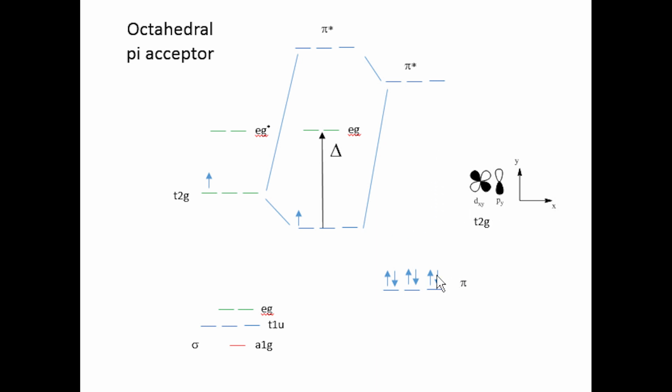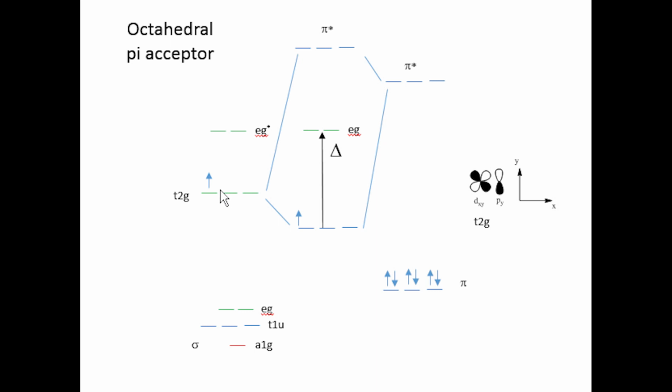Again, these pi acceptors typically have multiple bonds, so they're going to have pi electrons, but they're going to be really low in energy, and they won't be able to interact with the T2G orbitals that we want. Instead, and this diagram maybe doesn't reflect it beautifully, they will interact with the pi star. So those would be like the LUMO on the ligand.